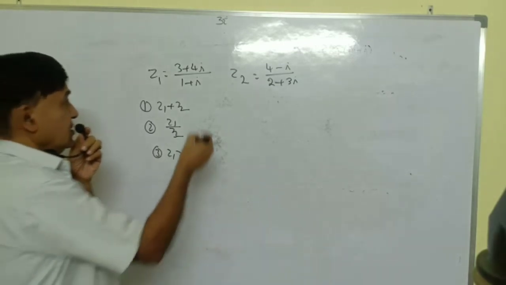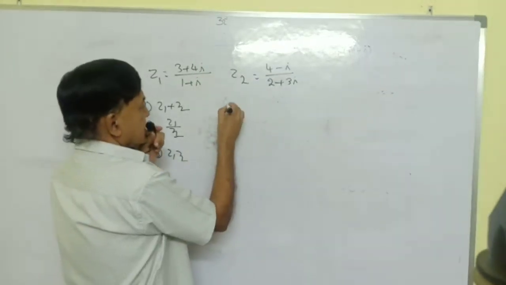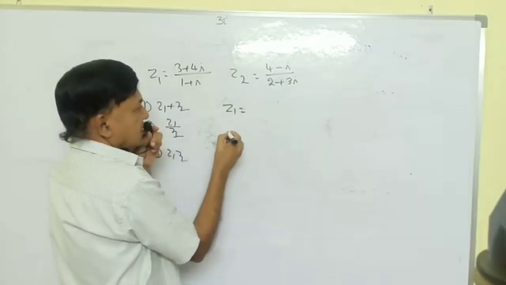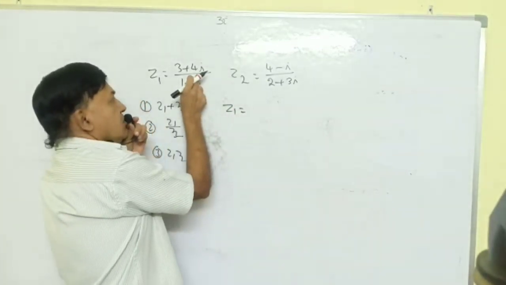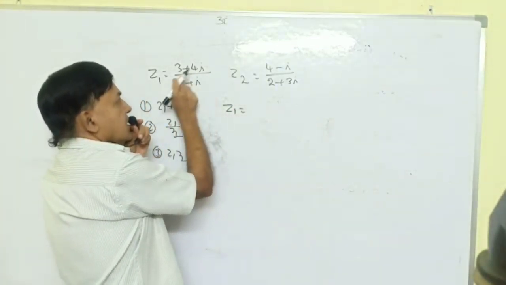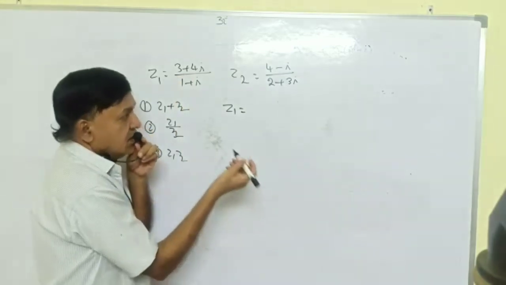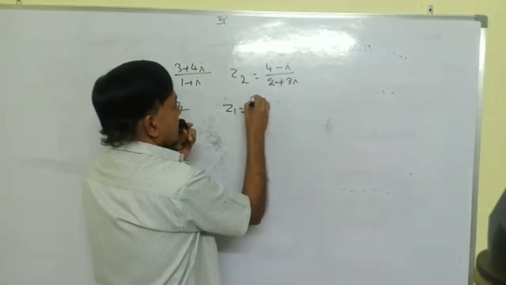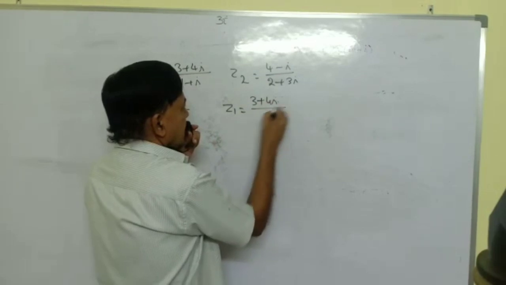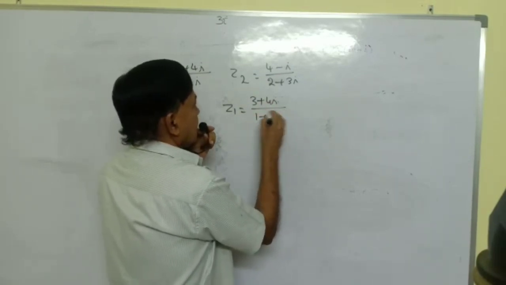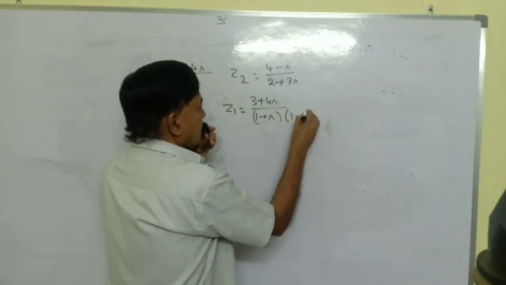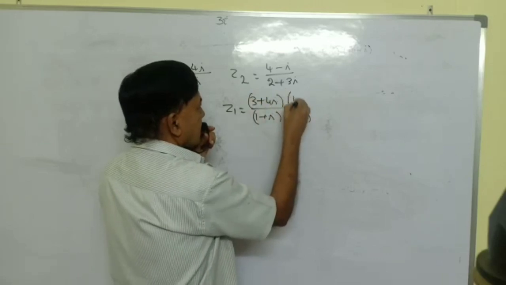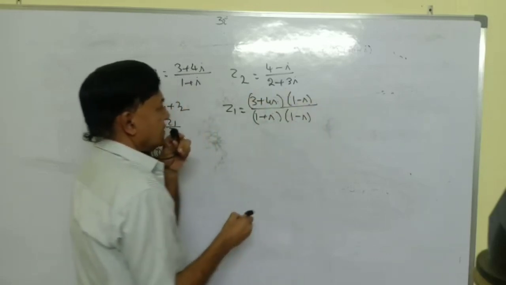See, whenever you get a quotient like this, what we try to do is make the denominator a real number by multiplying with the conjugate. So 3 plus 4i by 1 plus i, you multiply with the conjugate.